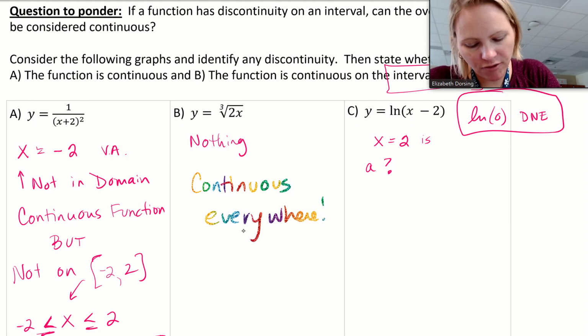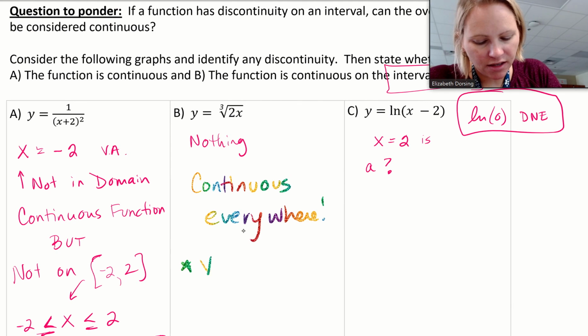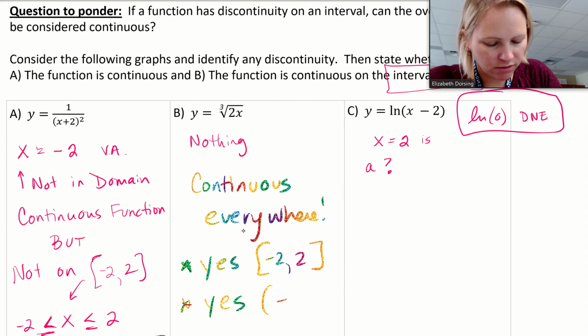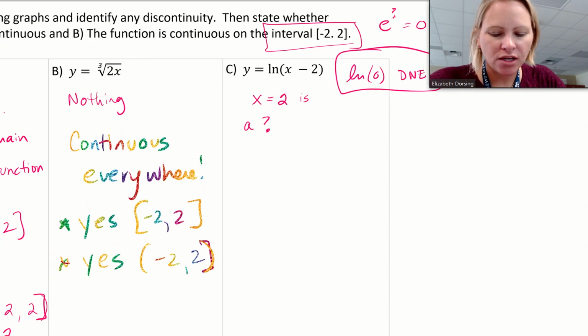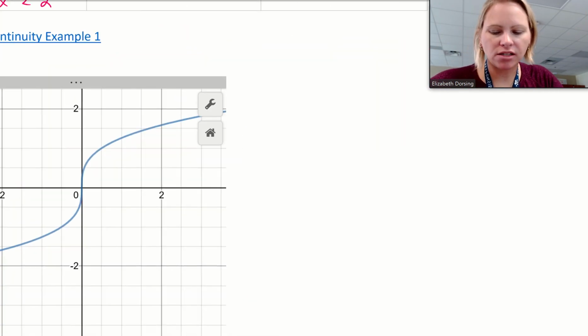It's continuous everywhere. Yes on this closed interval, negative 2 to 2, and yes on the open interval. If it's continuous on the closed interval, it's more than likely continuous on that open interval. So now let's take a look at this last one here, this natural log function.